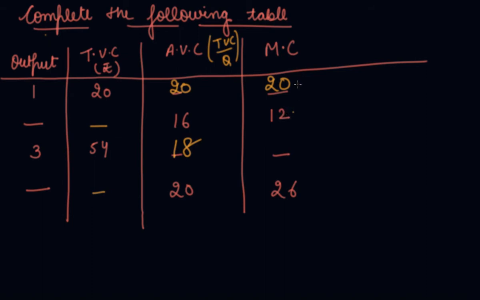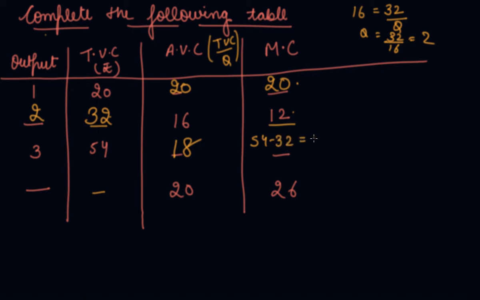So 32 minus 20 will be the marginal cost, 12. 16 you have got as average variable cost, and 32 you have got as total variable cost. Quantity you can find out: 32 divided by 16, which is 2. In this way you can find out the marginal cost. 54 minus 32 will give you 22.